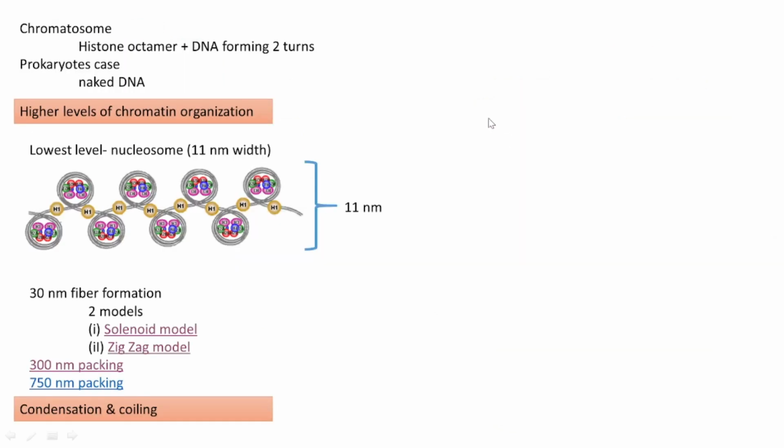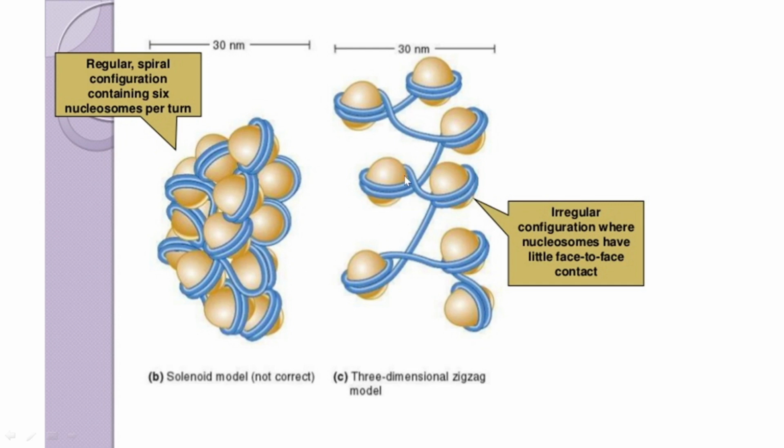Next, another model is also proposed for the same level of chromatin compaction, that is the zigzag model. Zigzag model is this one. It is also forming in the same way as the solenoid model. The only difference is that the stacking is not regular. That means in the solenoid model, all the nucleosomes in all coils come in the same position.